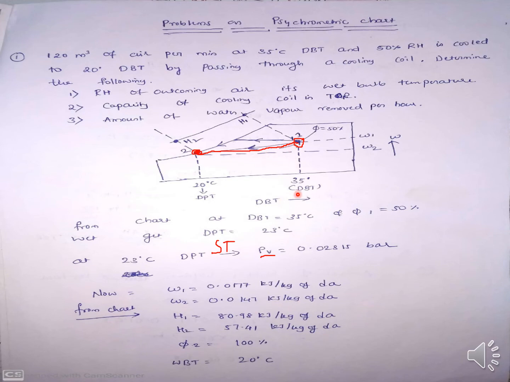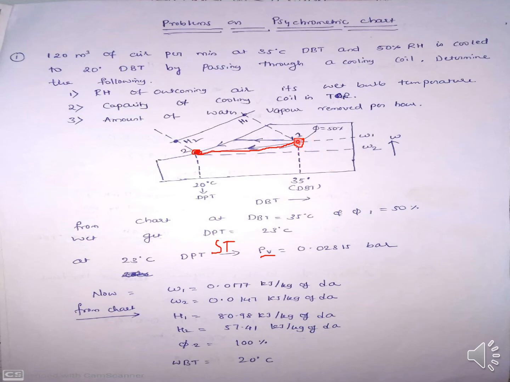First thing is this. Now from the chart, what all should we get? W1 and W2. How to get W1 and W2? Draw the straight line, and wherever it reaches, note down the value at this point and write it as W1. Draw the straight line again for point 2 to get W2.